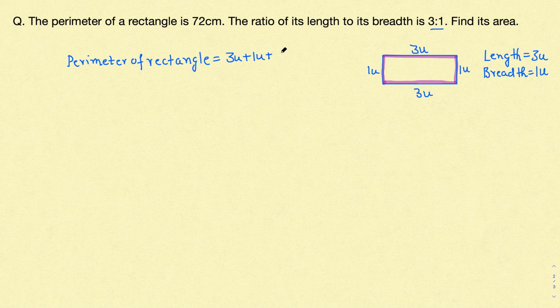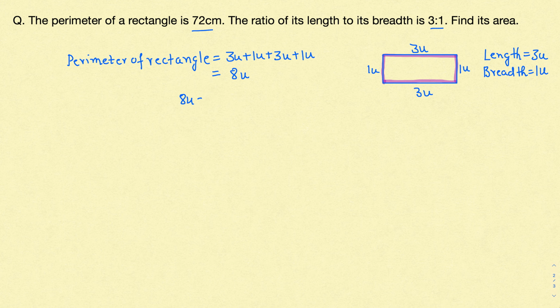So just add another 3 units and 1 unit here. That will give you 8 units. So the total perimeter of the rectangle in terms of units is 8 units. And from the question we know that the perimeter of the rectangle is 72 cm. So from here we can say that 8 units is equal to 72.